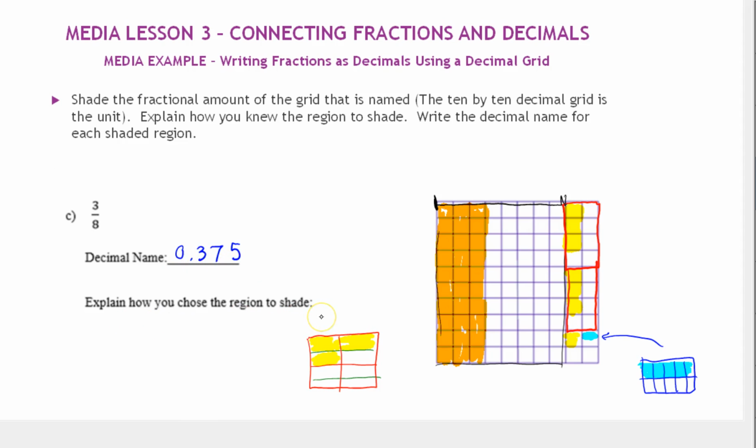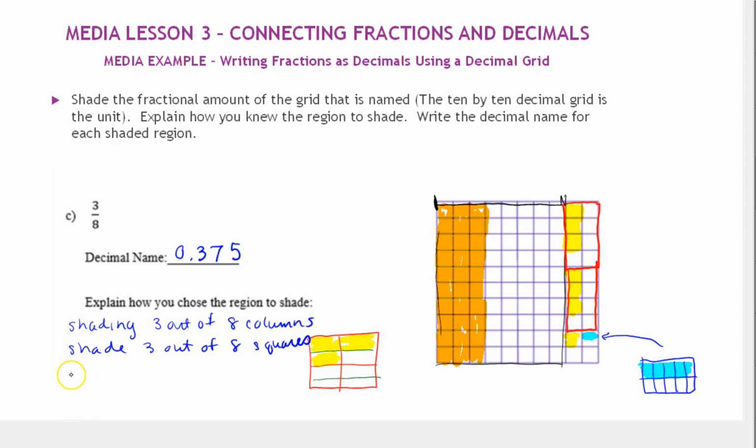And we shaded the region by shading 3 out of 8 columns. Then we shaded 3 out of 8 squares, yellow.